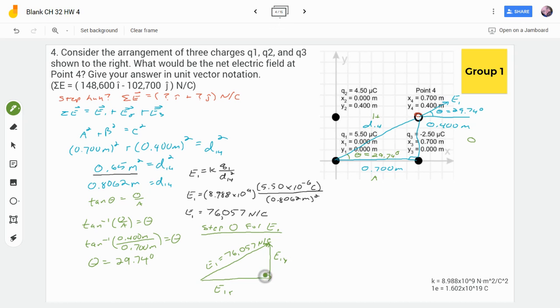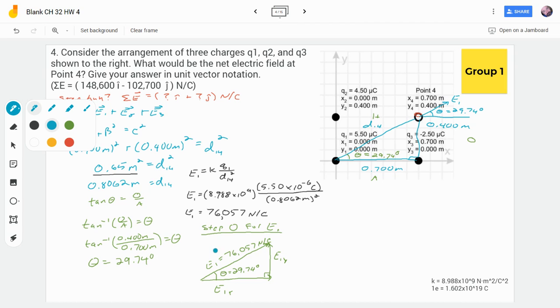And this is a right angle, and this is 29.74 degrees. So notice I'm keeping extra sig figs. It's a good idea sometimes to keep extra sig figs in the middle so that you don't end up rounding too much. So I've got to do the trig. It doesn't matter which one I get first. Let me start with E1x.